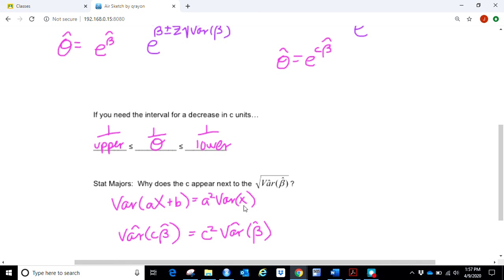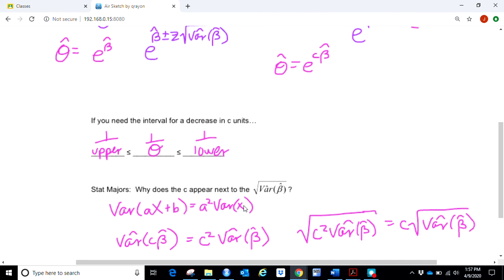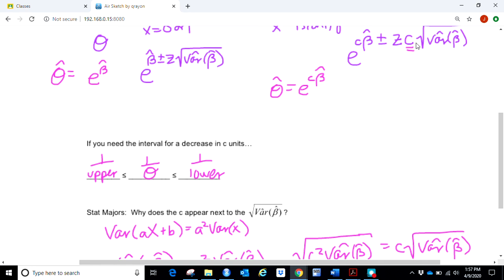And so then if I take the square root of this to get my standard error, that c can pull out front, and we would leave the estimated variance of beta hat under the square root symbol. So that's where that c is coming from up above here.